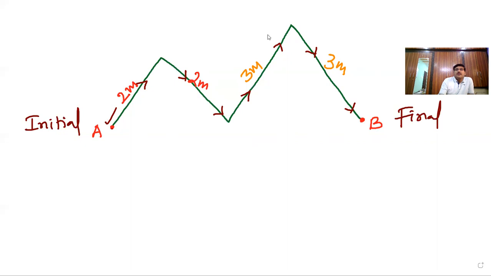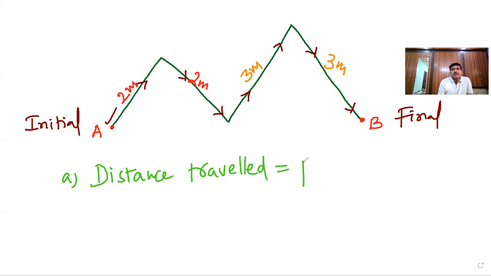Now first, what is being asked? The first one is distance. What is the distance traveled? Path length, from initial to final position. What is this path length? 2 meters, 2 meters, 3 meters, 3 meters.